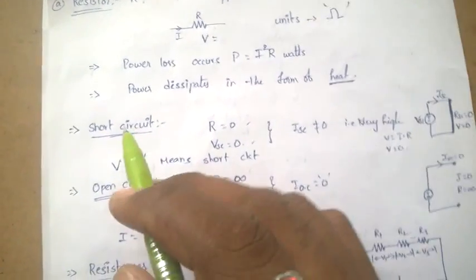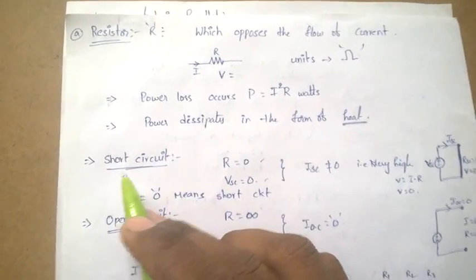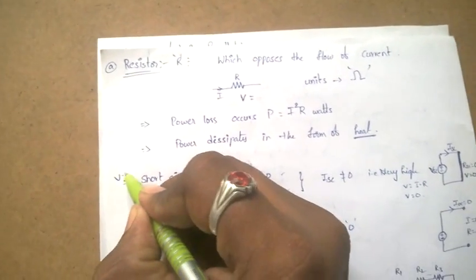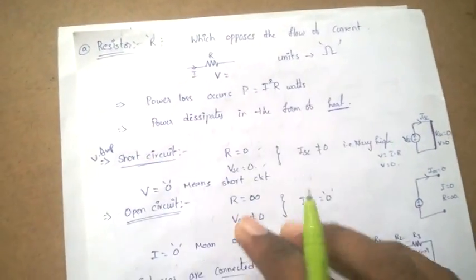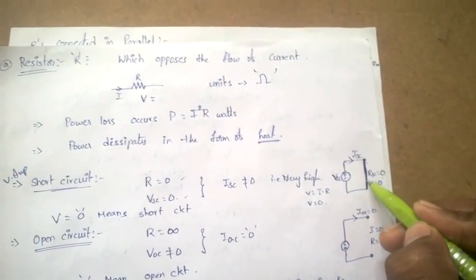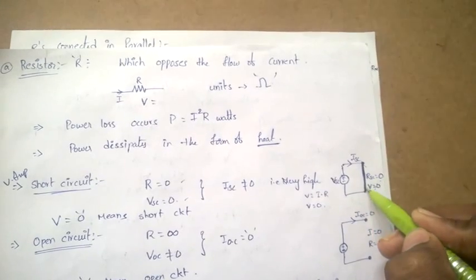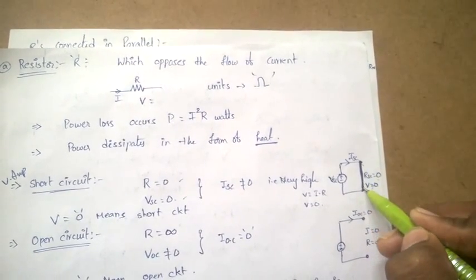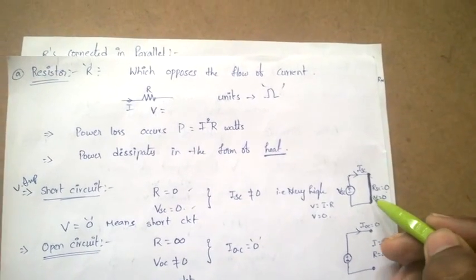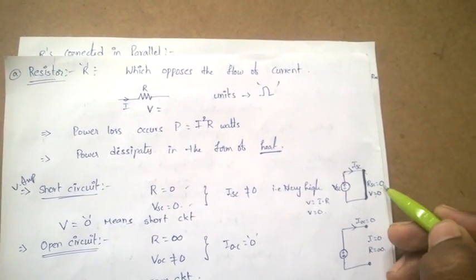Next, coming to the next topic in resistor, that is short circuit. It is very important. The two terminals connected by a wire is called a short circuit. The wire resistance is 0.